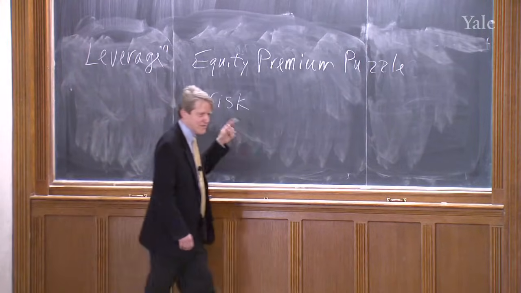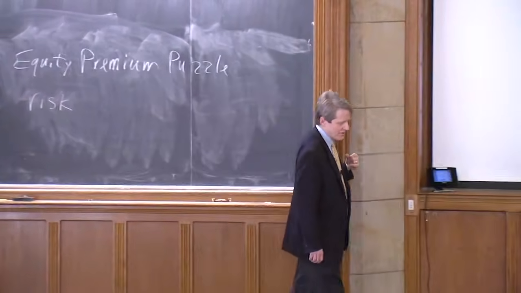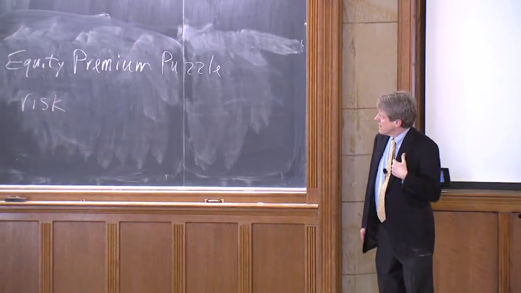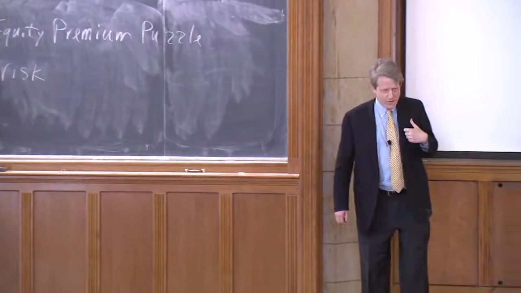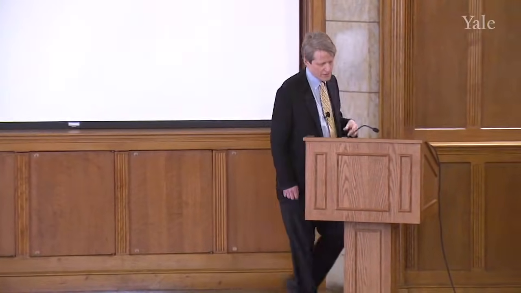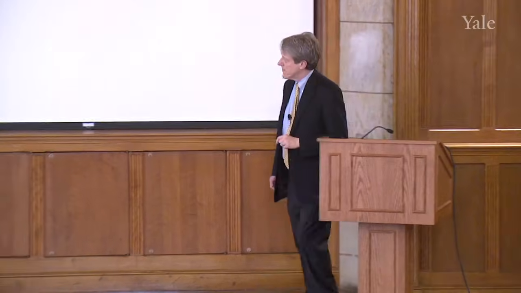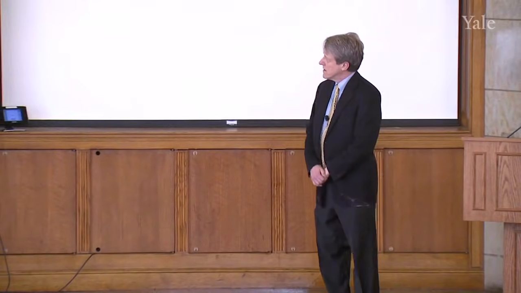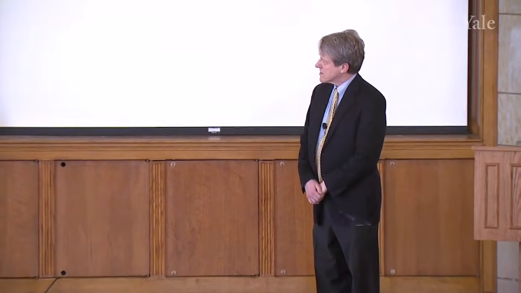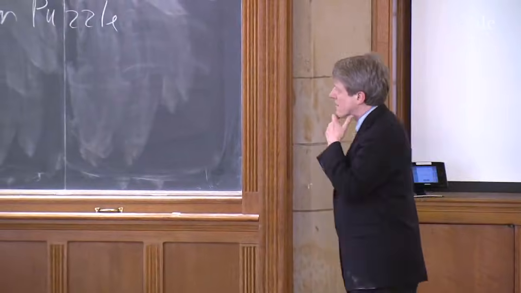The price jumps up and down from day to day, so the extra return is a risk premium, and that is what I want to pursue today in this lecture. Does that explain the equity premium, and how should we think about the equity premium?